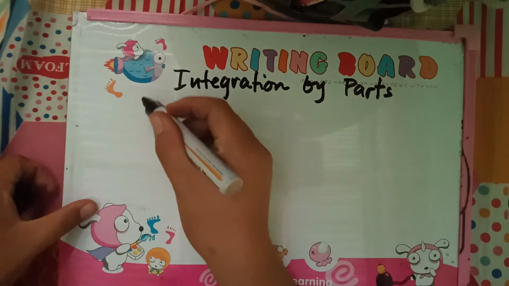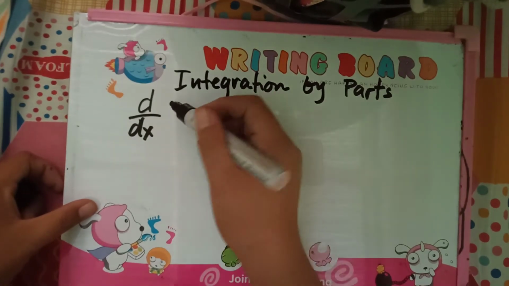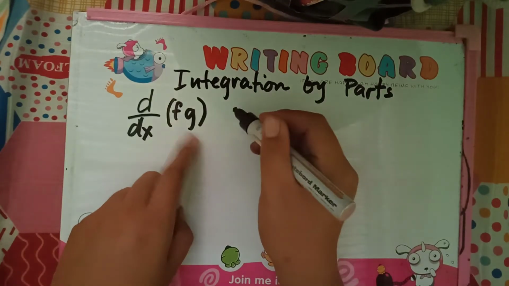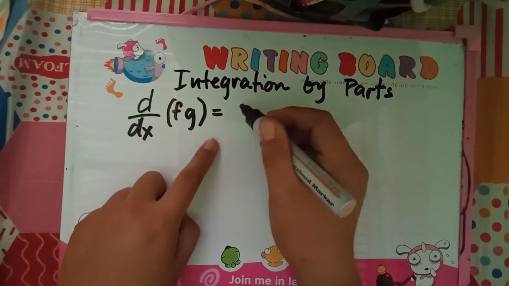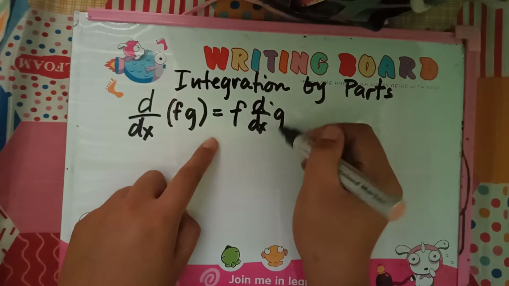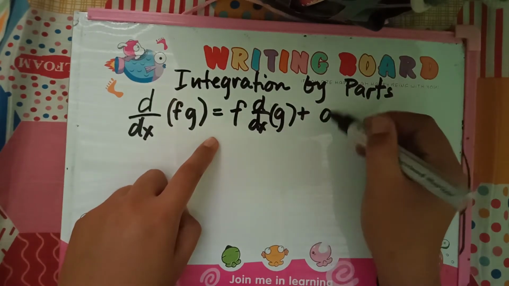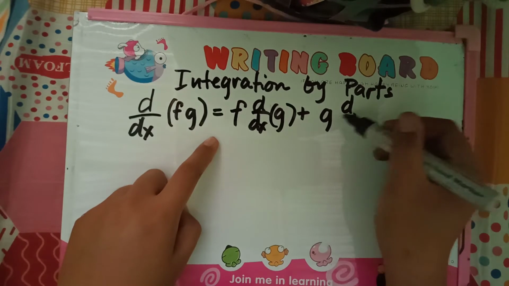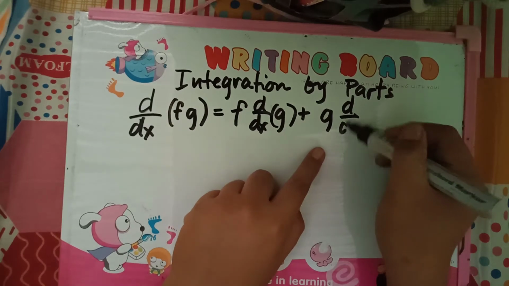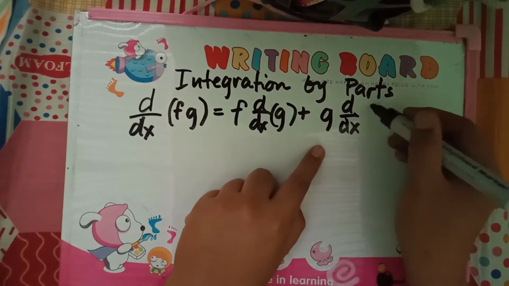Okay? So, di ba, if we're going to get the derivative of f and g, tama? A function f and a function g, two functions, we simply get the derivative of f multiplied by the derivative of g plus g multiplied by the derivative of f.